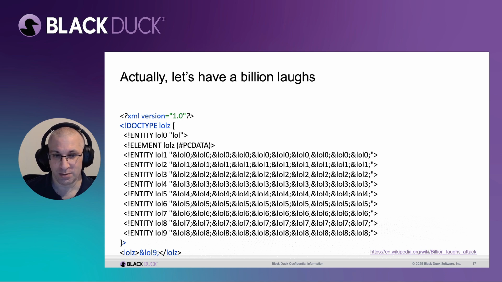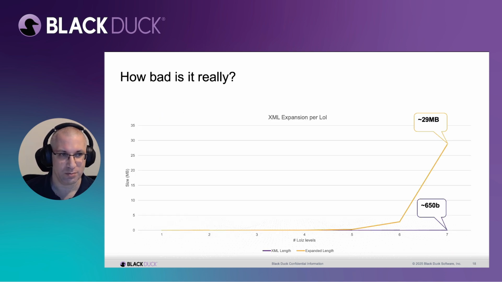How bad is it? Well, as a nerd, I have a graph for this. So I graphed out the number of lol levels on the x-axis and the sizes of the input of the text and the expanded input in memory. And as you can see, it kicks up really quickly.